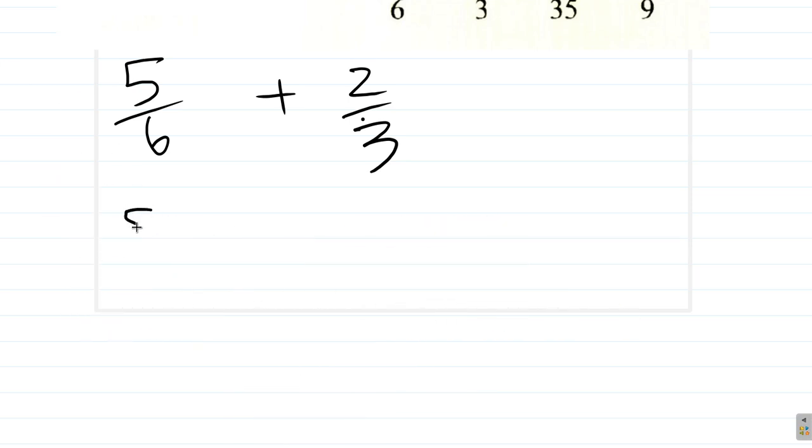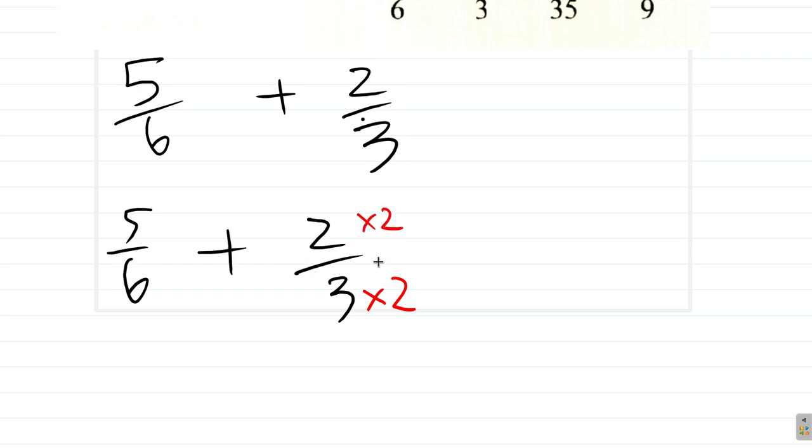What you do, you say 5/6 plus 2/3. If you multiply the 3 by something here, you get 6. What do you multiply 3 by to get 6? It's 2. But if you multiply the bottom by 2, you must multiply the top by 2 as well to maintain equality.